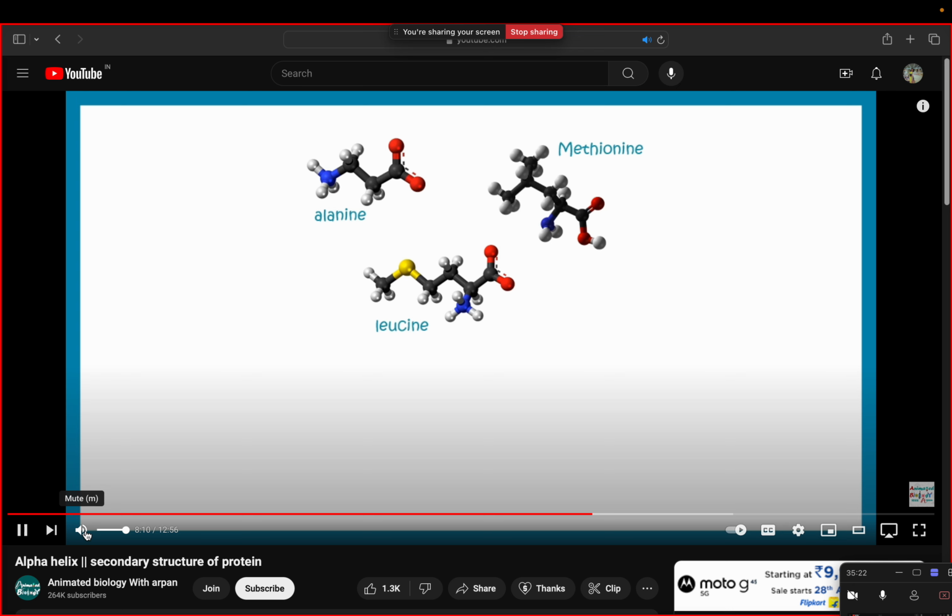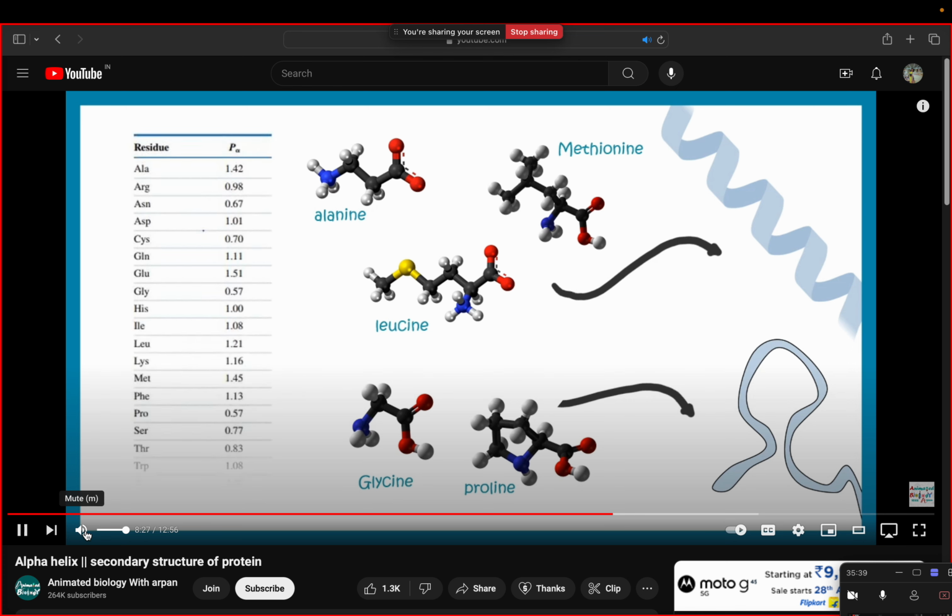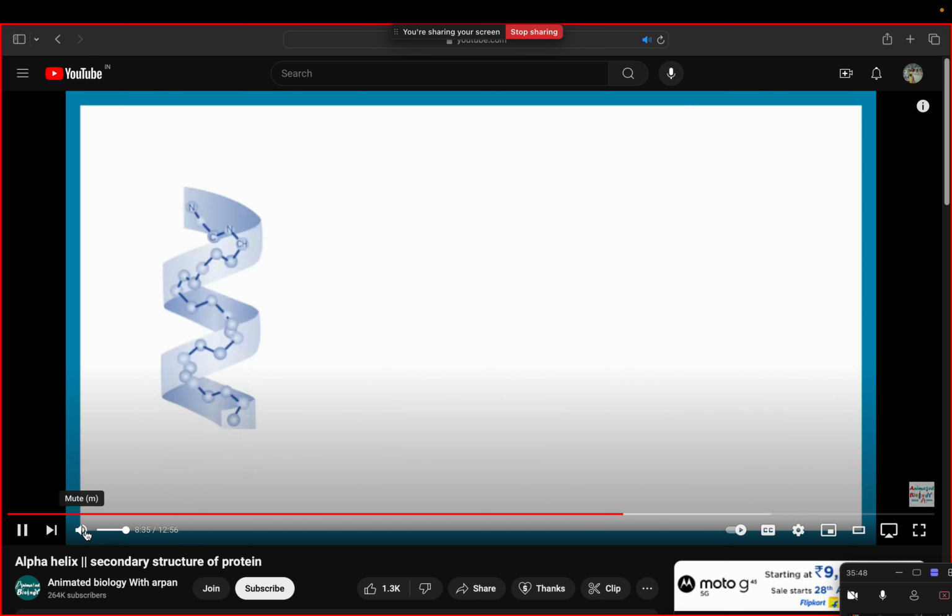That means if these amino acids are present in a protein sequence, they would readily form alpha helical structures. Whereas other amino acids such as glycine and proline are known as helix breakers. They break the helix, but they are very good in terms of beta turns. That is why the helix propensity index tells us by a particular score what the probability is that one particular amino acid would form a helix.